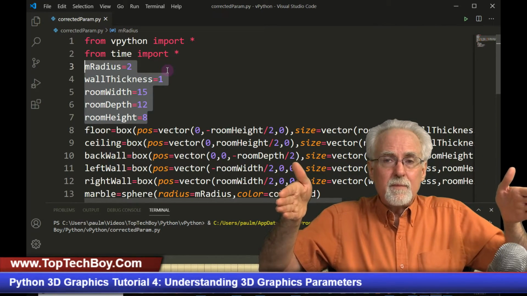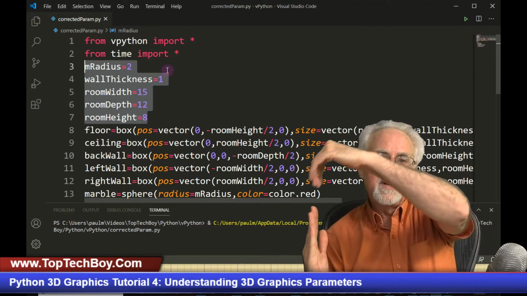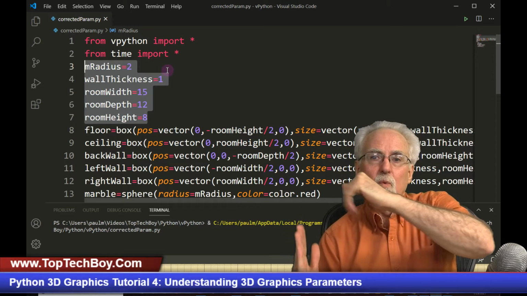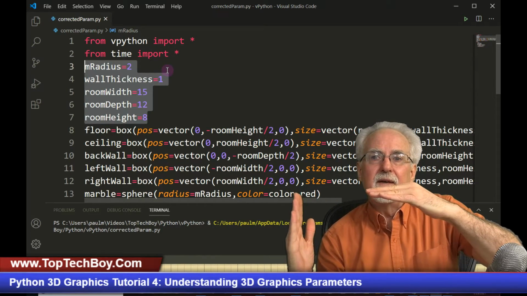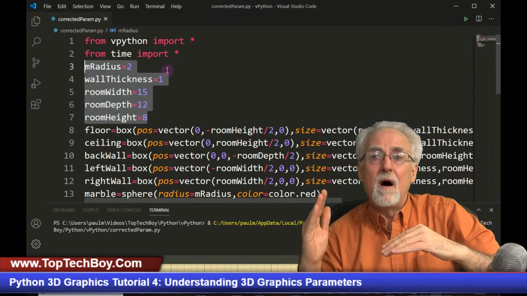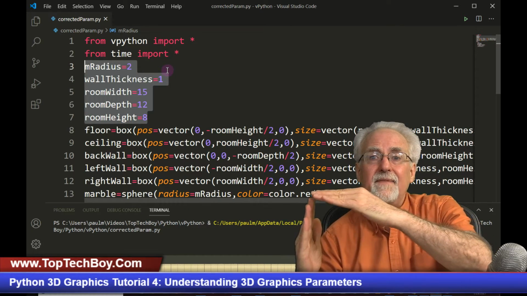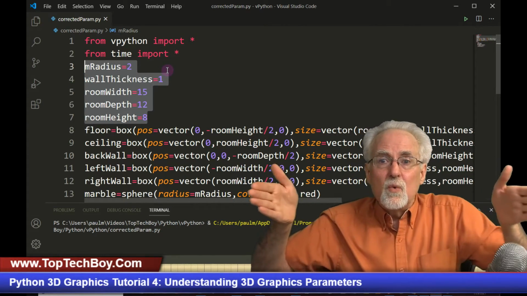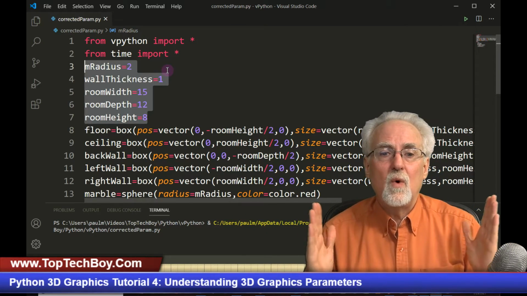Let's say I went from here to here, and what would happen, the wall would be here, and when I change the size of the ceiling, they don't match anymore. So when we did this parameterized model, the position of the wall is at the edge of the ceiling. So when you change the ceiling width, it changes the wall position.